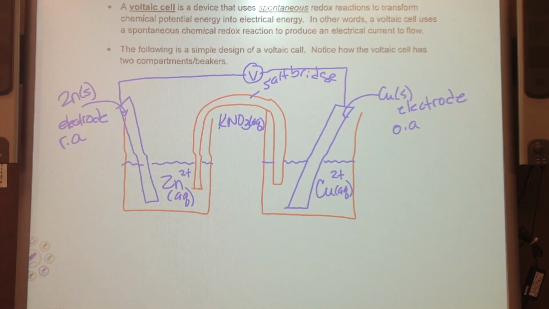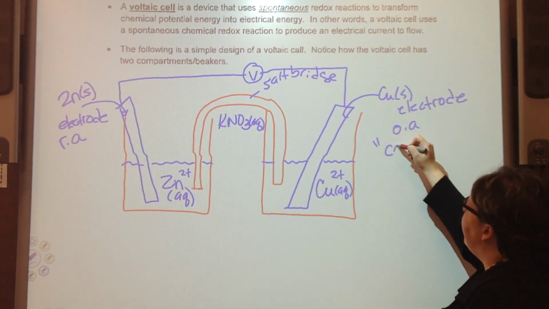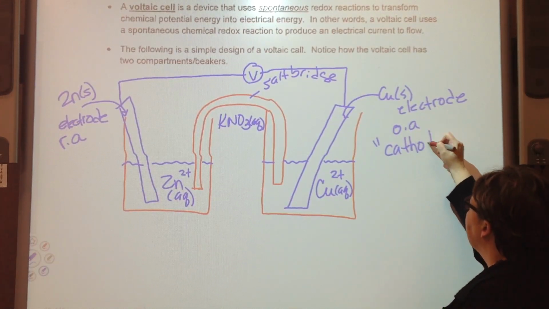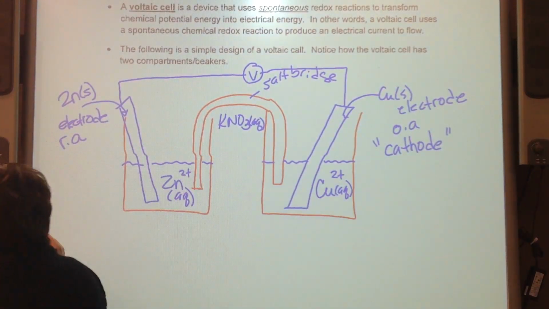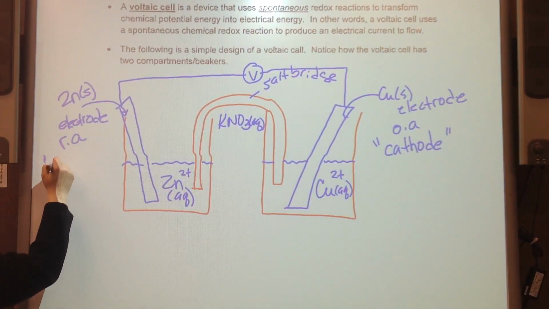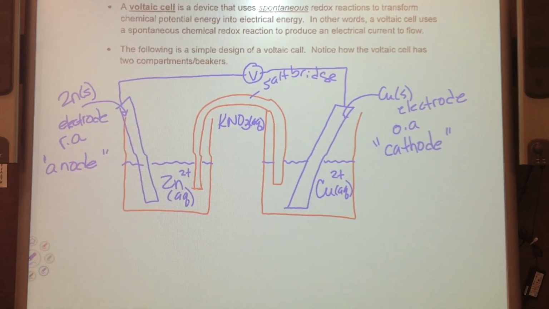So if this is the oxidizing agent, that means that this is what we call the cathode. And if this is the reducing agent, this is what we call the anode. Because if you're the reducing agent, what kind of reaction is it?